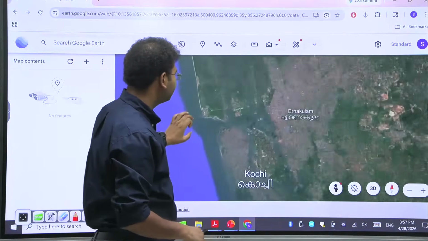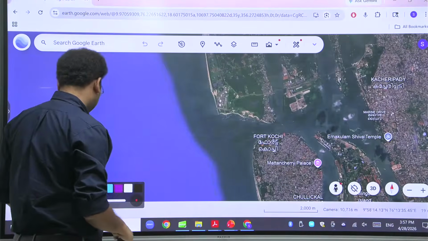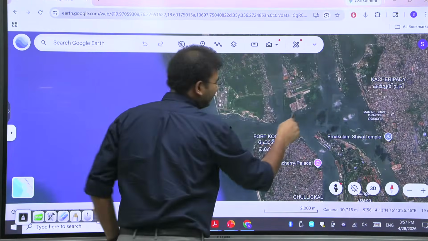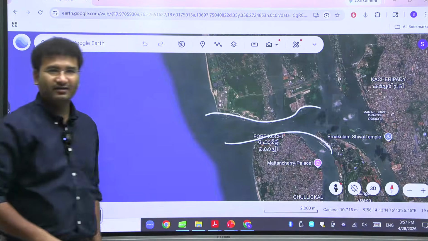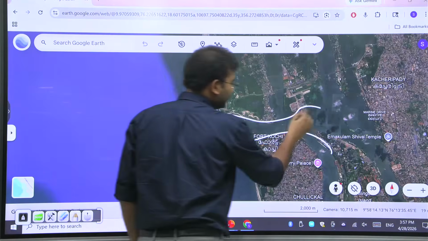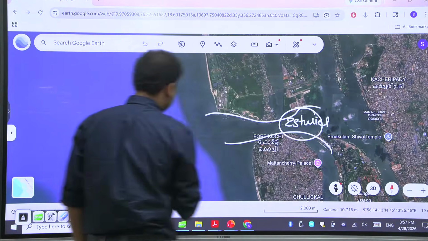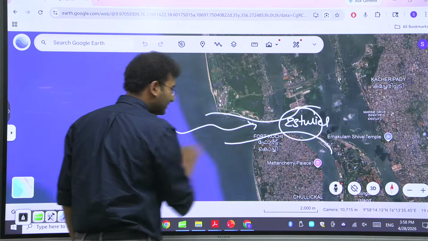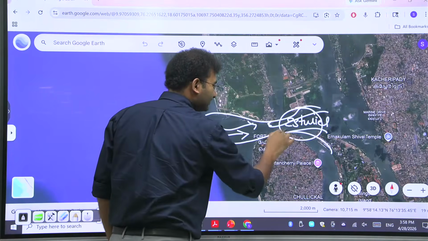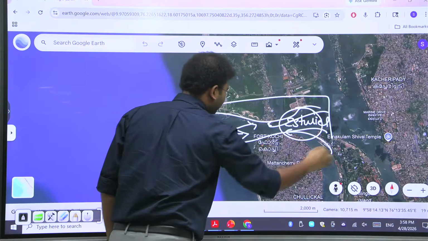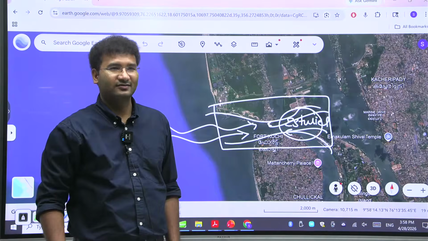Look here. The rivers directly enter into the sea, right? So this is called an estuary. Can I say that when there are waves from the sea coming this side, and river water also coming this side, I can call estuaries ecotones also?